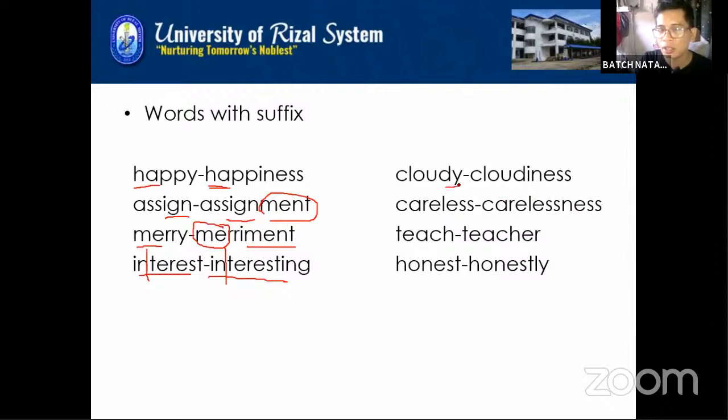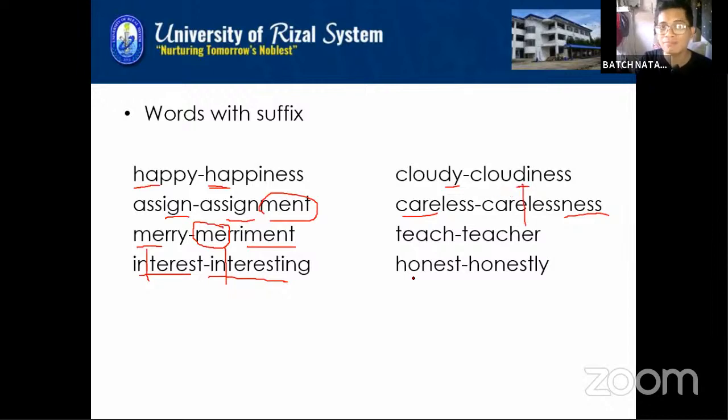The stress falls on cloudy, cloudiness. Then we have careless. The stress falls on the first syllable, and then we say carelessness. Although we add ness here, the stress still falls on the first syllable, the same pattern.